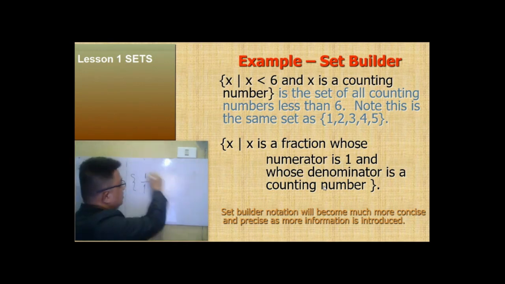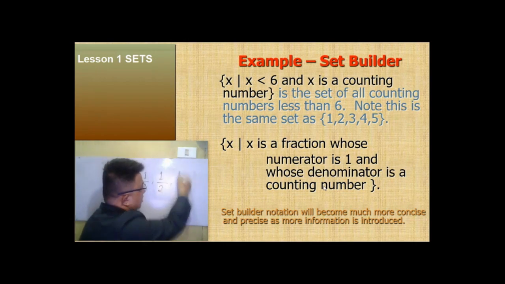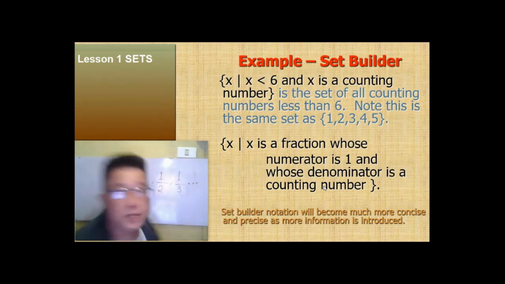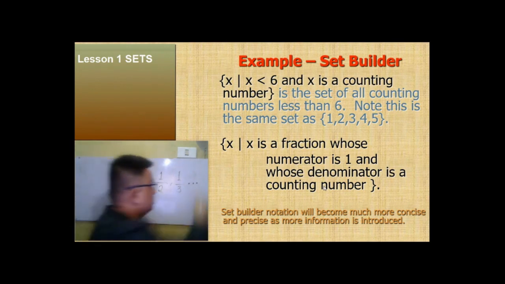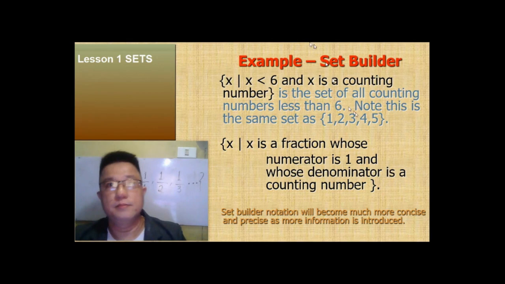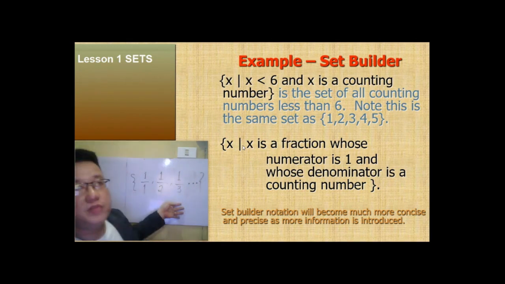The next element is 1 over the next counting number, 2. And then we have 1 over 3. And we use the ellipsis because there's more. So this is an example of set builder notation, and this one is the roster method version.